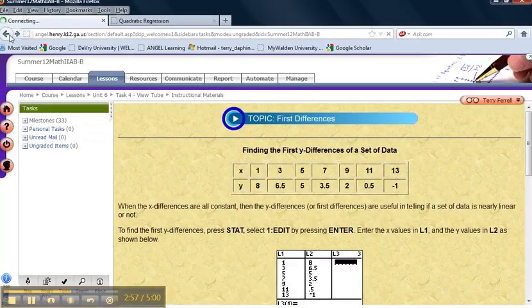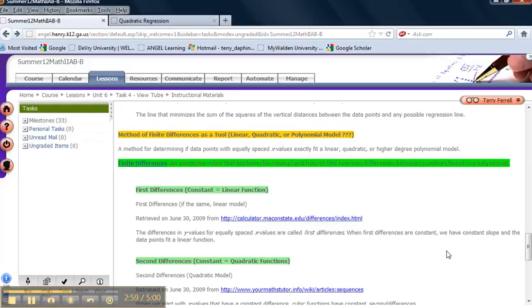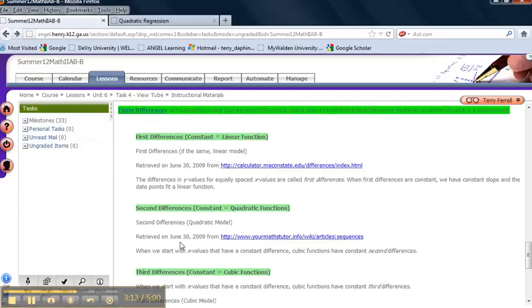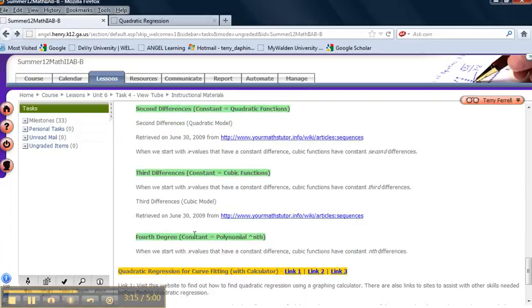Let me go back to show you something else. If you go here where it says finite differences and awesome video, this video is wonderful. It walks you through the whole concept of whether you're looking for first differences, second differences, or third differences, or even fourth differences, and depends on which one you're going to model.